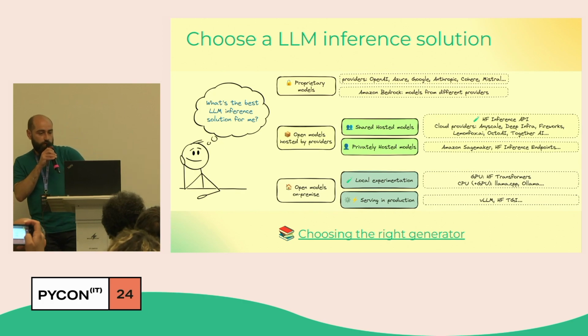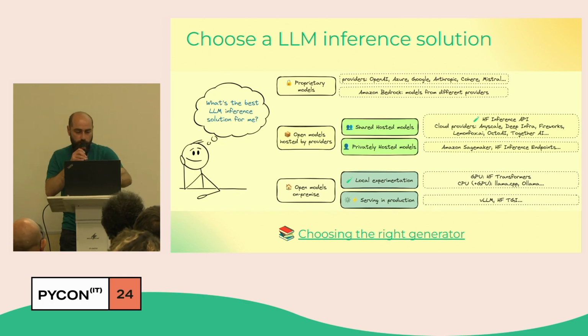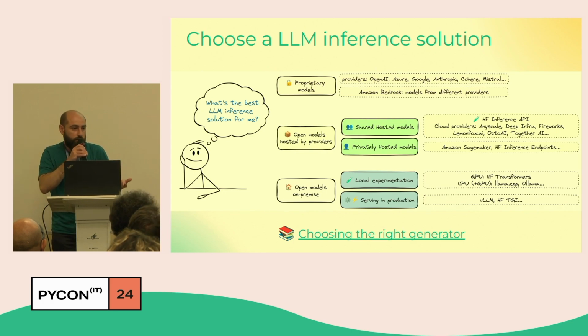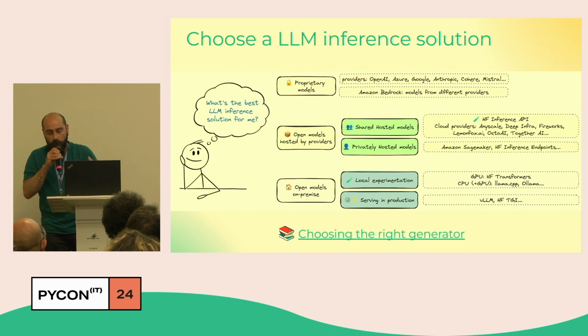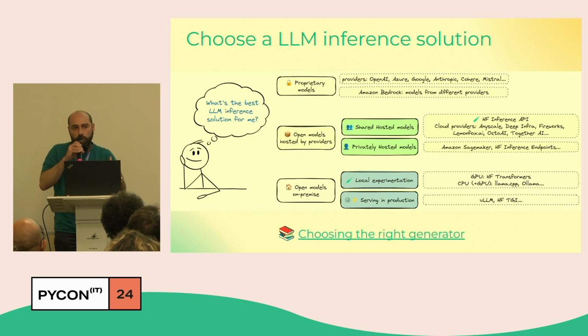But I want to focus a moment on open models on-premise. So if you want to do local experimentation, if you have GPU, you can probably use Hugging Face transformers on Colab, on Kaggle. If you only have CPU, there is Ollama and also the original project llama.cpp.